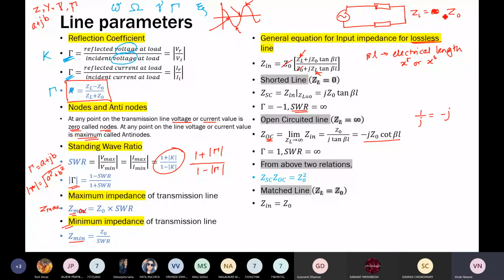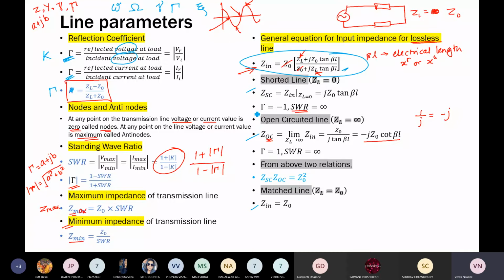So here Zin is equal to Z0 if we put ZL equal to Z0 in this expression. All these formulae are derived from this one formula. If you remember this formula, you can definitely write down this condition as well as that condition.